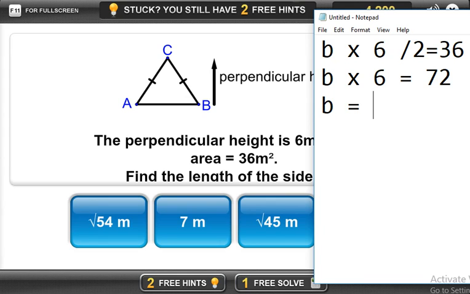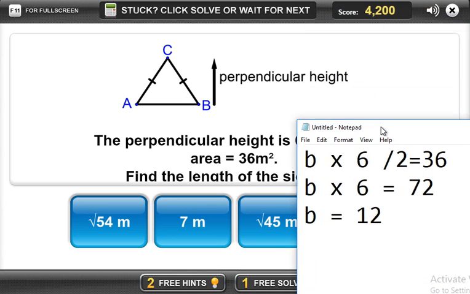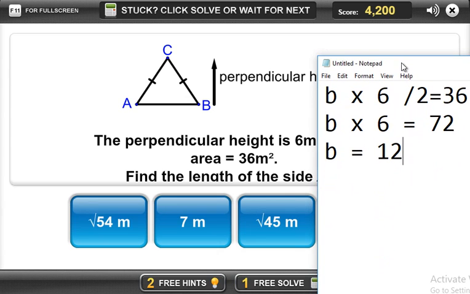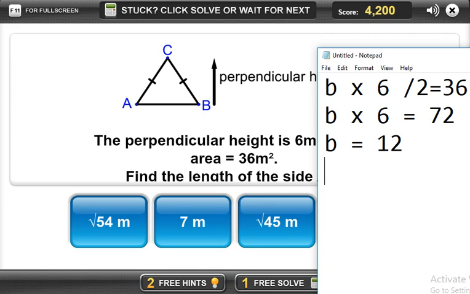You've got to do the opposite operation on the other side. So we've got 72 divided by 6. I think it's 12. Okay, so 12, we've got that there. Alright, so b equals 12. And so we know that the base AB is 12.